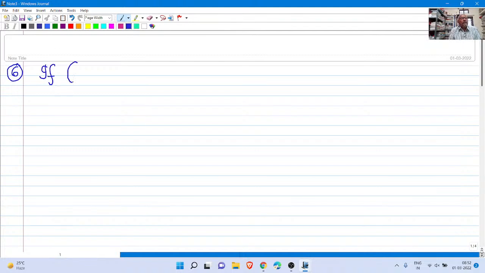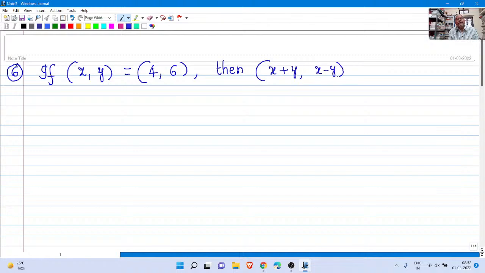If (x, y) equals (4, 6), then (x plus y, x minus y) lies in: option A is first quadrant, option B second quadrant, option C third quadrant, option D fourth quadrant.